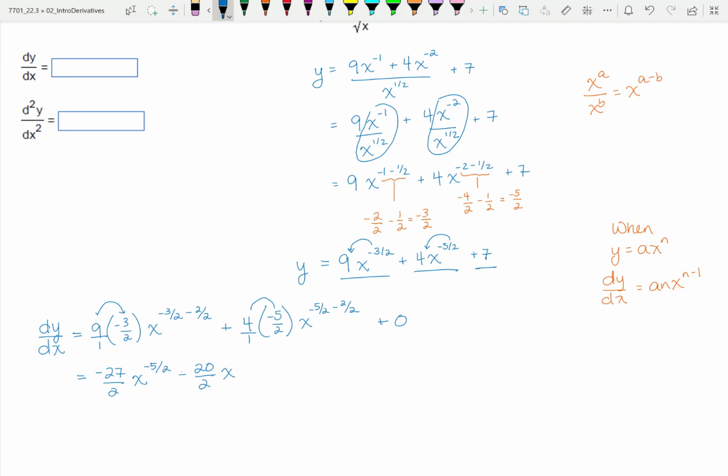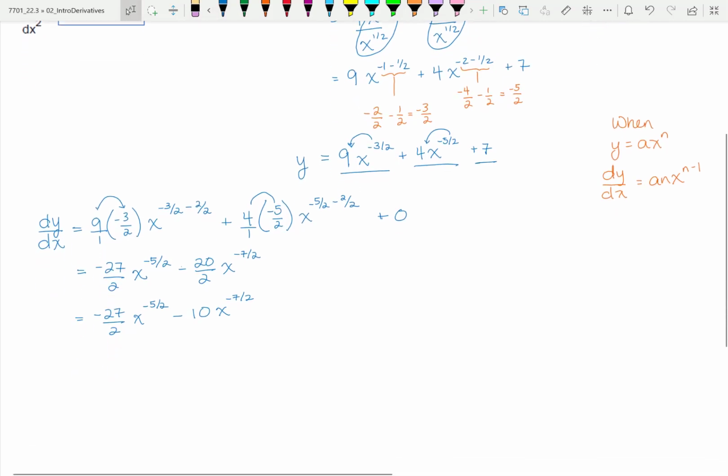X to the power of negative 5 halves minus 2 halves gives me a total of negative 7 halves. I could clean this up a little bit further and go negative 27 over 2, x to the power of negative 5 halves, minus 10, because 20 divided by 2 is 10, x to the power of negative 7 halves. And that is my first derivative.